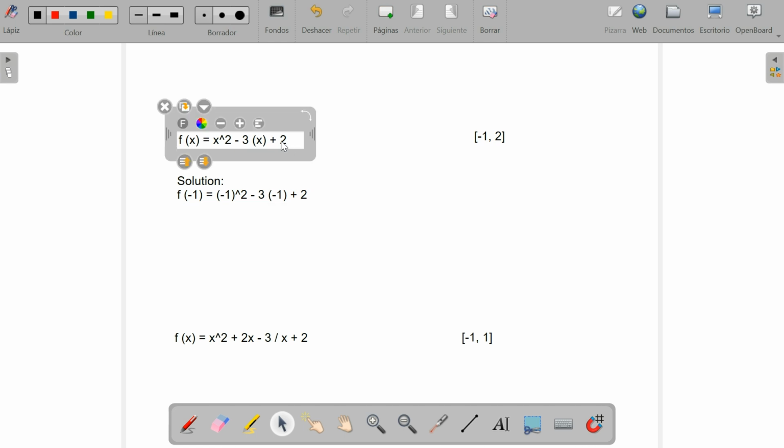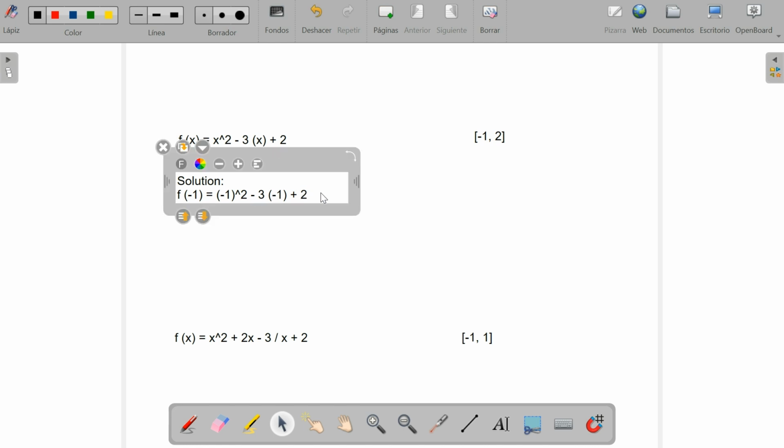Why the 2? Well, because it is on here. We're just changing the parameters.